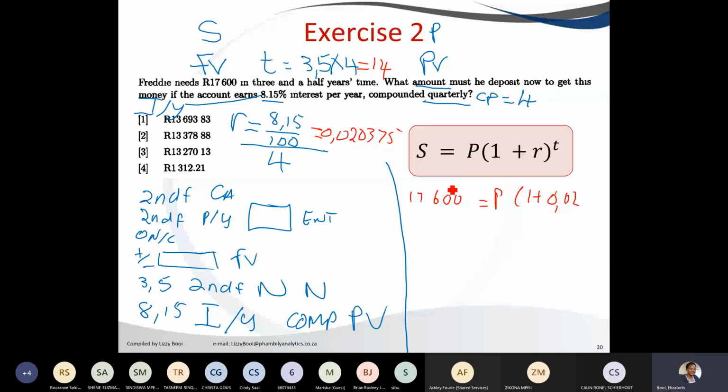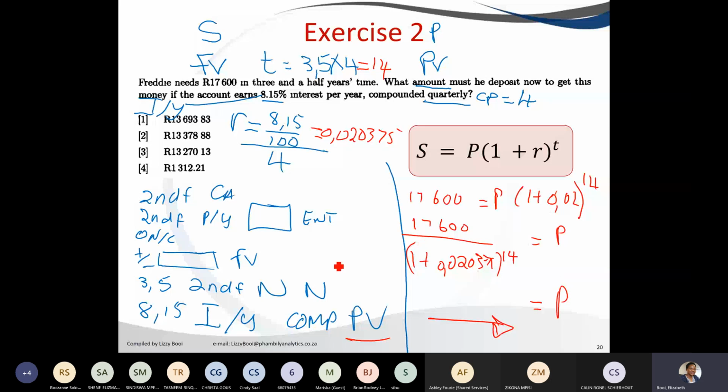So if I leave p on its own this side, then I will have to say 17,600 divide by everything that is multiplying the p, which is 1 plus 0.020375 to the power of 14 is equals to p. And you can solve for p. So the answer you get here should be the same as the answer they get there.